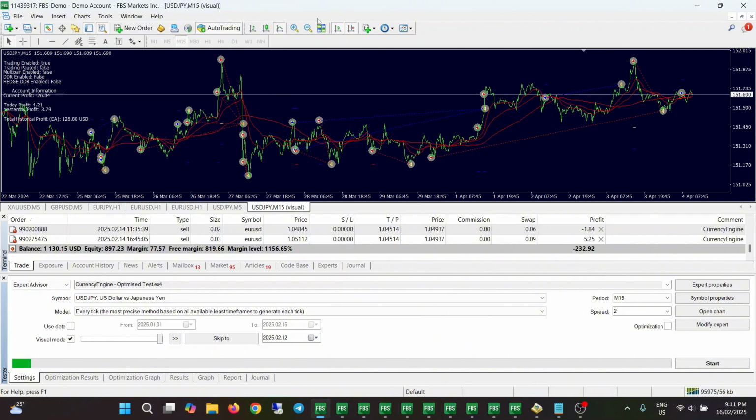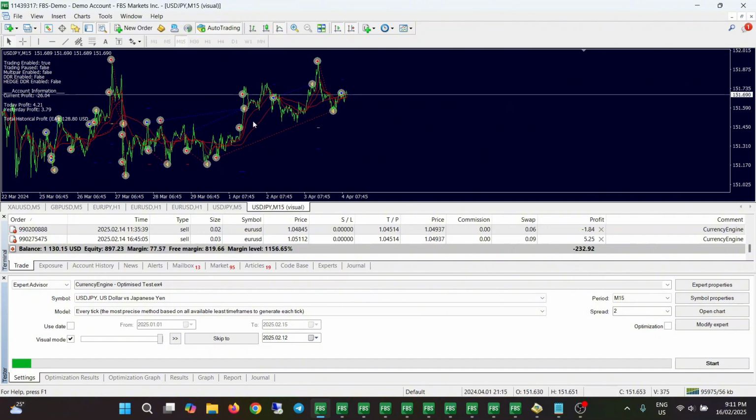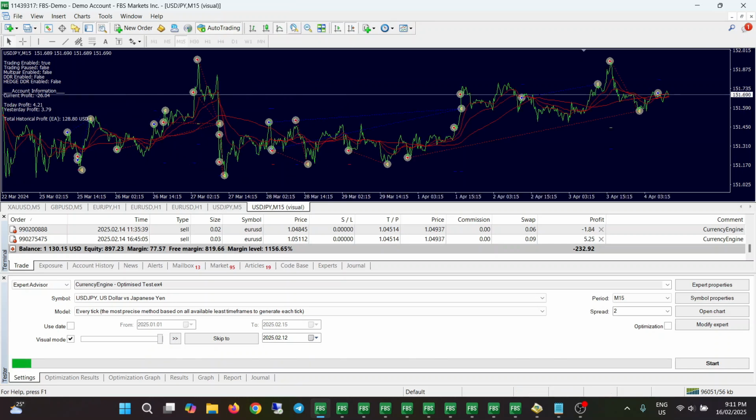up. So for USDJPY, for instance, that's really good because, as all traders would probably know, all yen pairs tend to trend quite heavily. In these settings here, I've made the distance between the trades start off a bit wider than I would normally. And I've also got the multiplier of the distance between each trade set at 1.1.